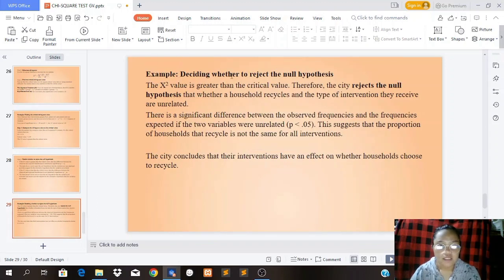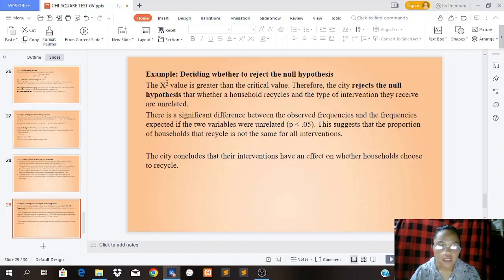Example, deciding whether to reject the null hypothesis. The chi-square value is greater than the critical value. So therefore, the city rejects the null hypothesis that whether a household recycles and the type of intervention they receive are unrelated.